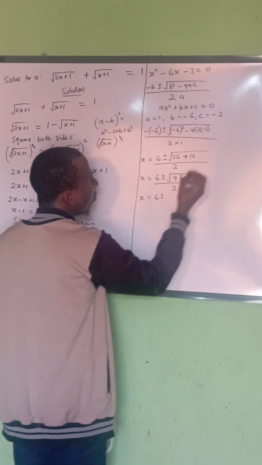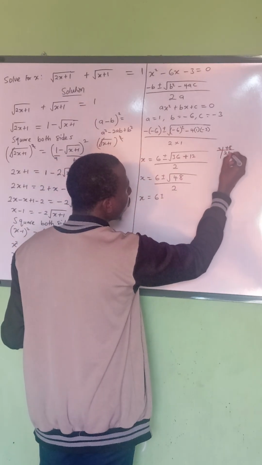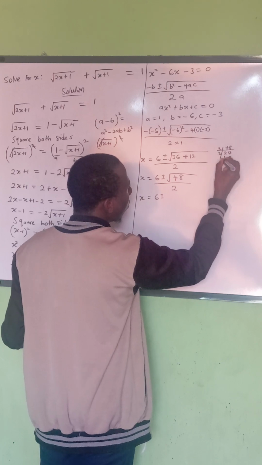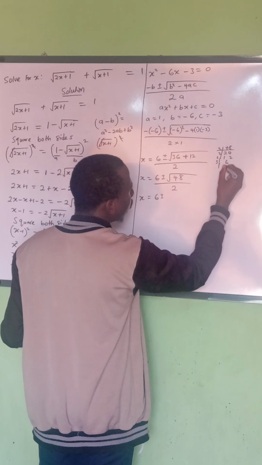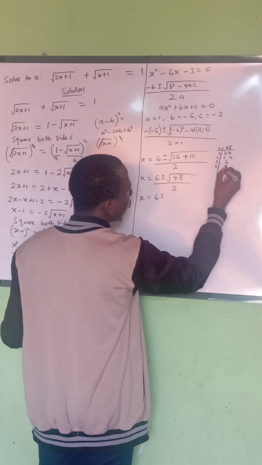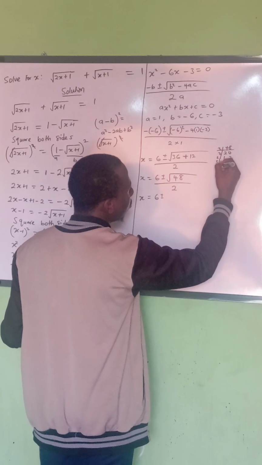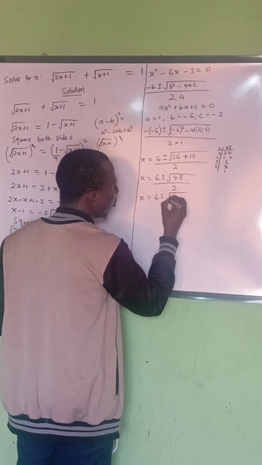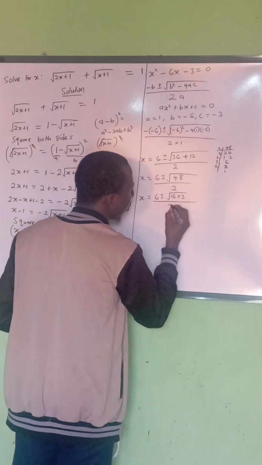So x will now be equal to 6 plus or minus. Now in short form, 48, we can express 48 as 2, 24, 2 again, 12, 2 again, 6, 3, that's 2, that's 2, that's 2. So we can have it as 2 times 2, 4, 4 times 2, 8, 8 times 2, that will be 16. That's 16 times 3 will give us 48, all divided by 2.